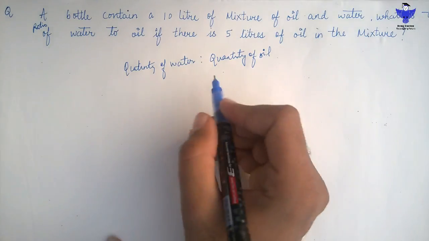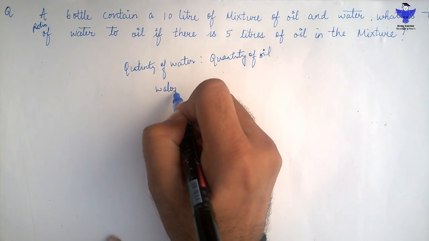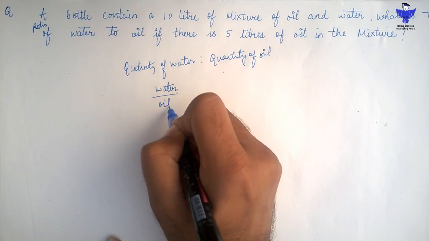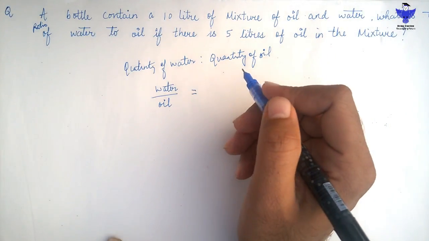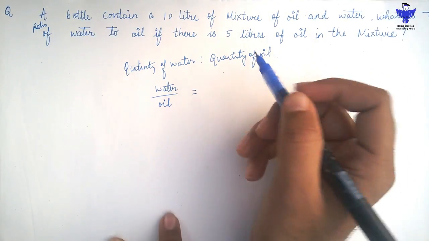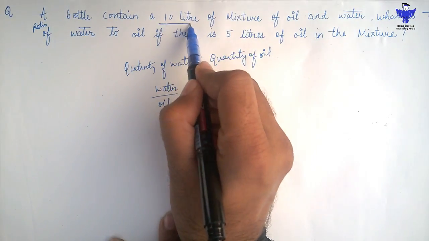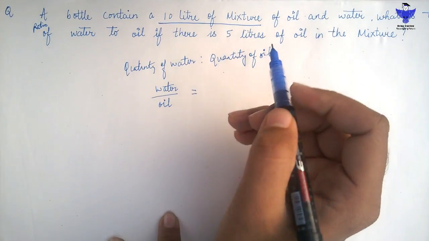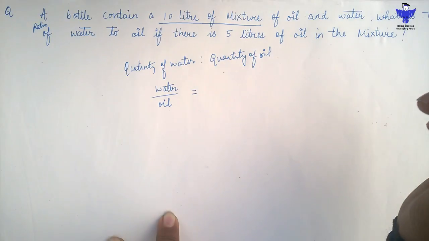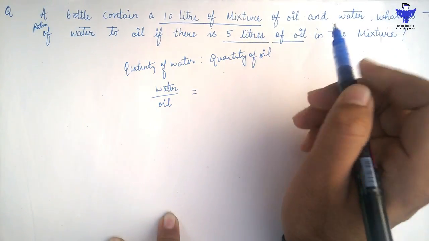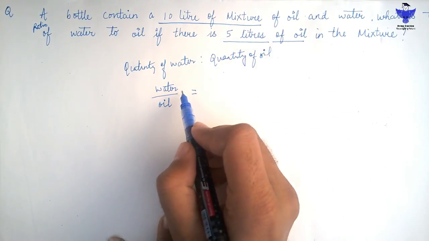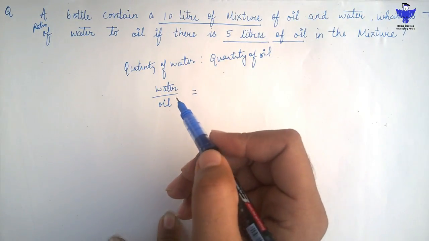So we can write this as water to oil. Here the total mixture is 10 liters, and among the total mixture, 5 liters is oil. Then the ratio we have to find is water is to oil.